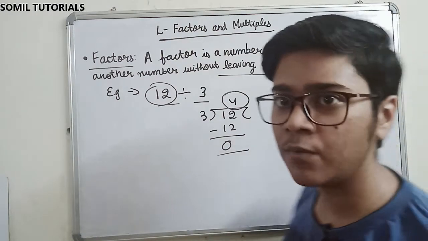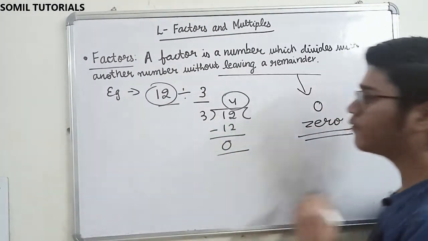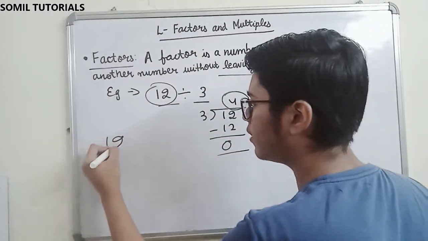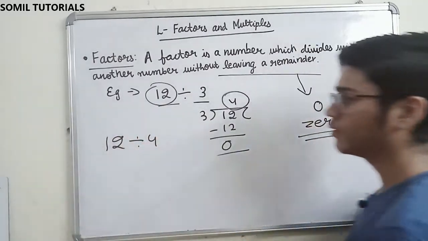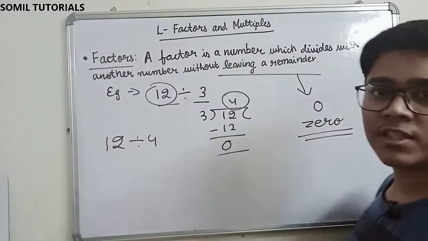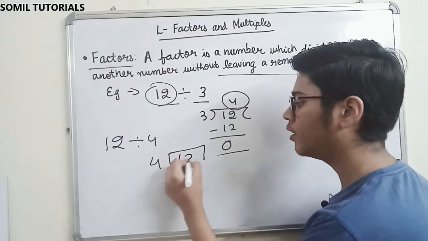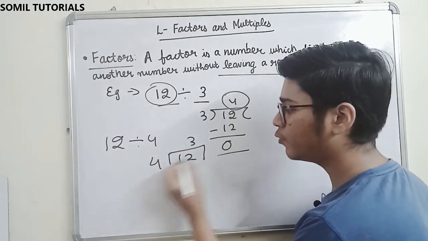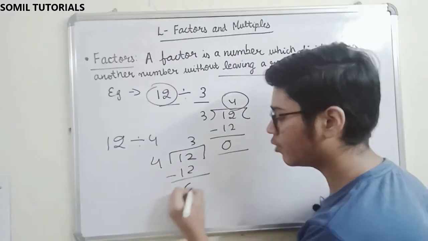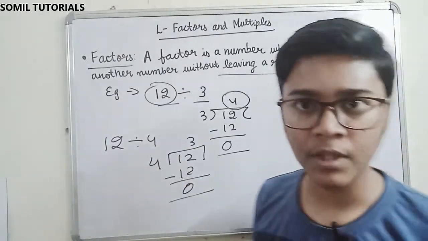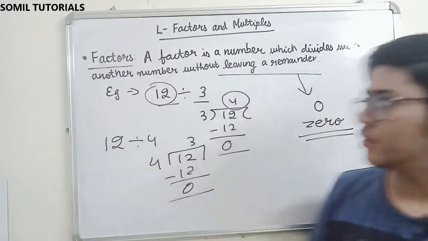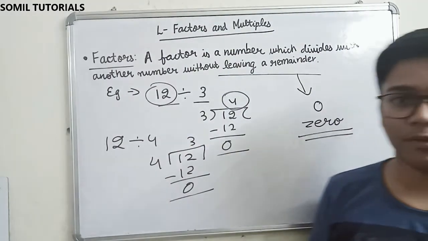Let us understand with another example. If I say divide 12 by 4, basically what does it mean? If you divide 12 by 4, you will understand that 4 threes are 12 and the remainder comes out to be 0. So I could say that 4 is also a factor of 12.